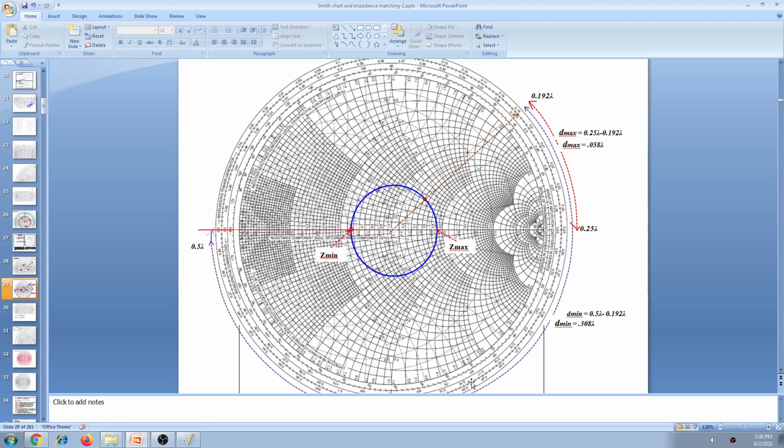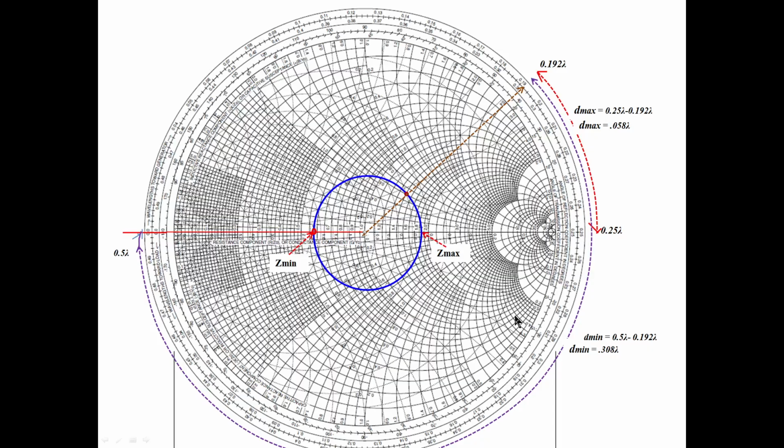Read the reading, whatever it is, minus the load position value, and we will get that distance. That is how to measure the distance from the load to different points, because this is nothing but moving over a transmission line.